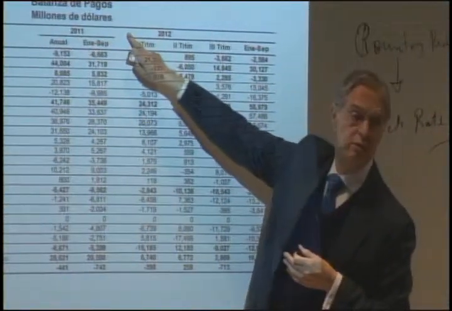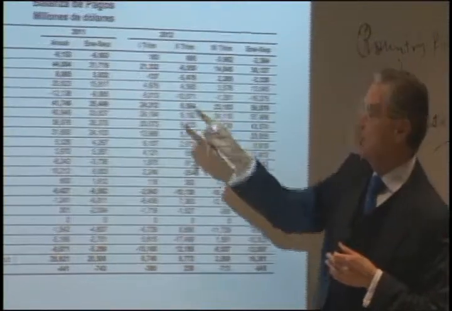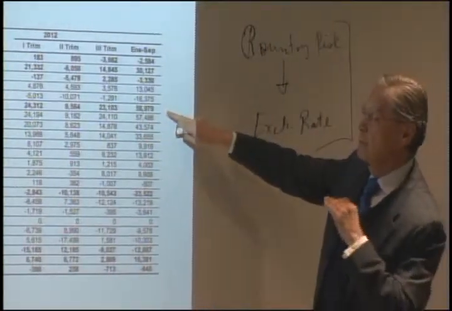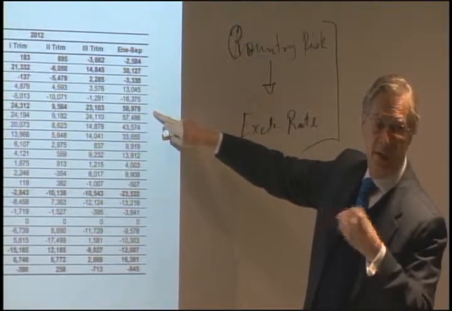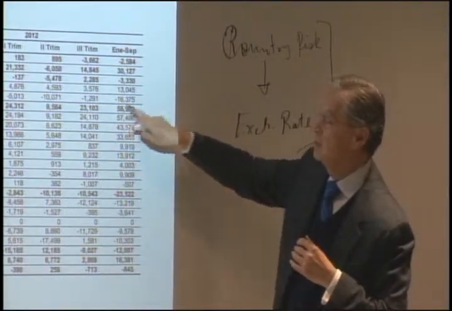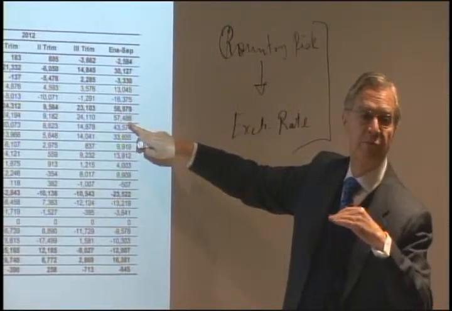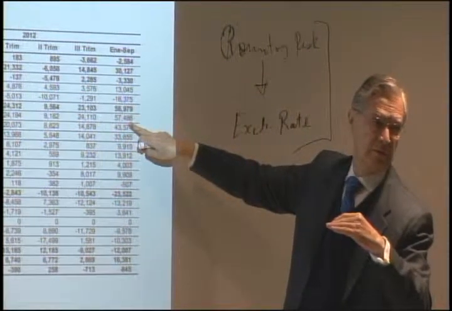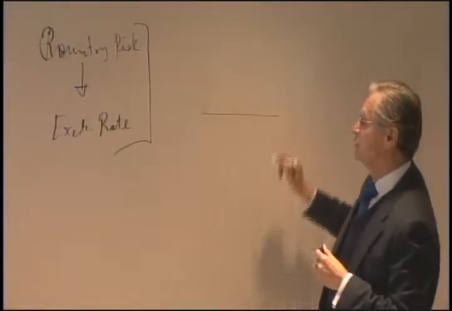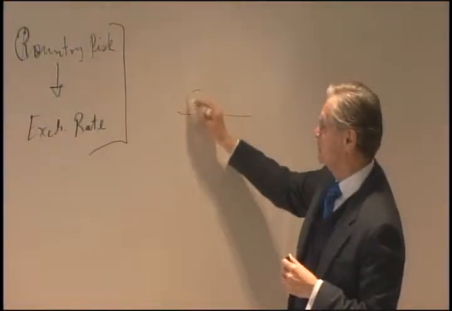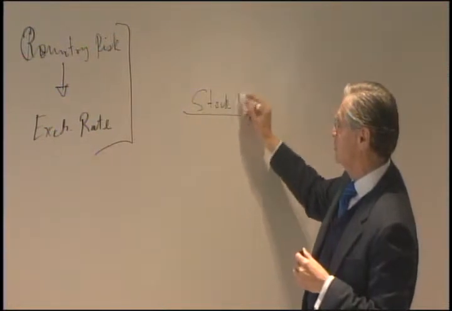Remember, these are dollars, okay? These are not pesos. So what we're talking about right here is that foreigners were willing to bring into Mexico the equivalent of $57 billion in portfolio investment. Okay, what's portfolio investment? It's the investment that you will find in what sectors? Okay, we said last time, stock exchange.